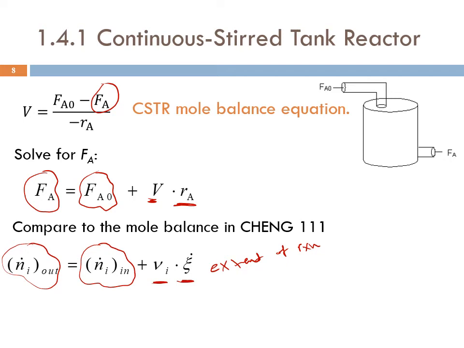Let's compare these equations. Apparently they are the same, right? Because we have output equals input plus the change, plus the production, or plus the generation term. So they are the same. Output equals input plus generation for a steady state system, for a steady state reactor.